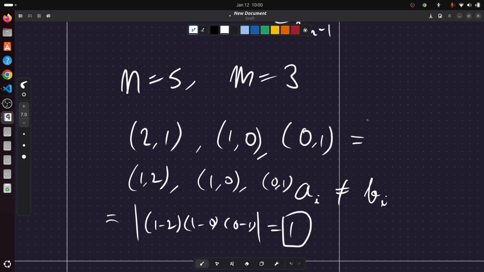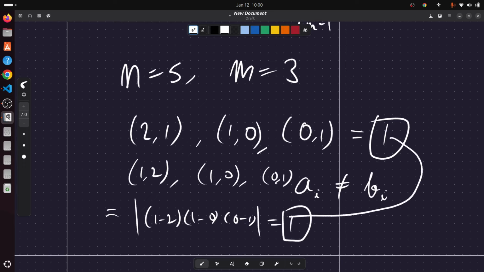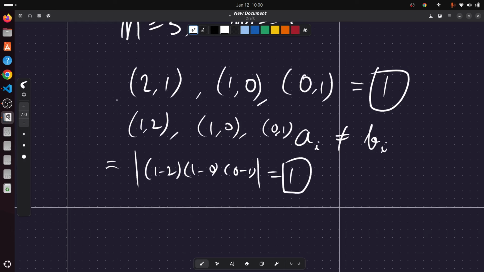So it is turning out to be 1. Here also it was 1: it was 2 minus 1, 1 minus 0, 0 minus 1, so it is minus 1 and the mod is 1. So these two are coming out to be the same. And obviously it is the same because I just swapped 2 comma 1 for 1 comma 2, so I just swapped ai and bi, right?